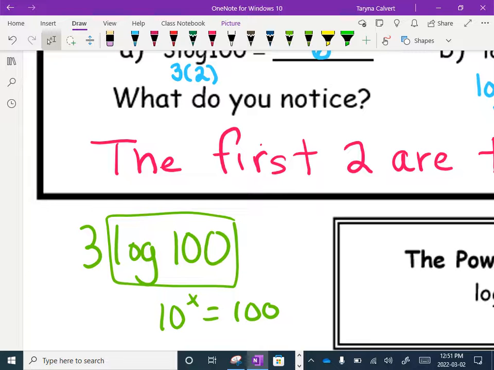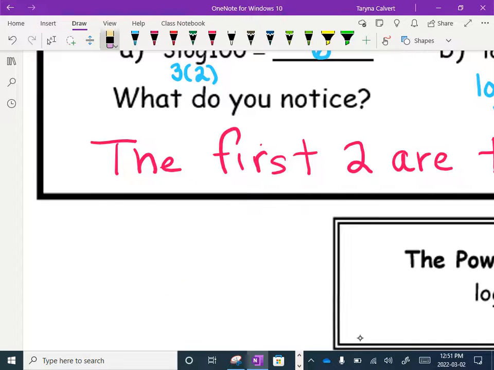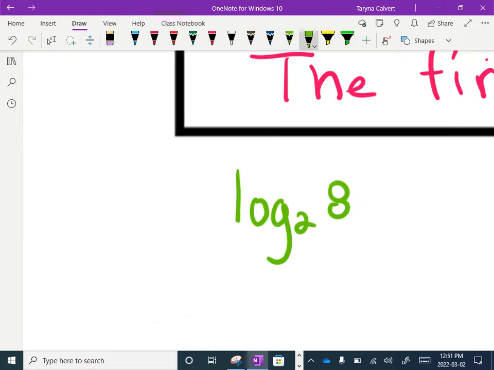So this piece is 2, and then you're timesing it by 3. So you're kind of in your head changing it to exponential form, right? So logs are another way to think about it as an exponent. Same thing as if I gave you log base 2 of 8. That's asking you 2 to the exponent of what gives me 8? So the answer would be 3.